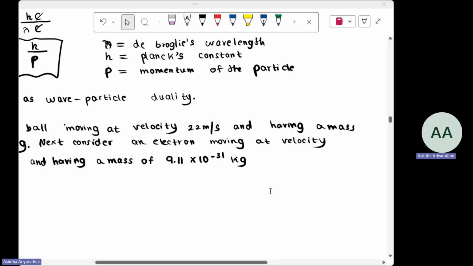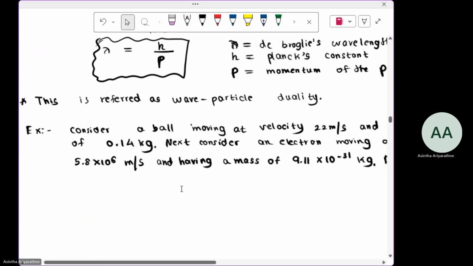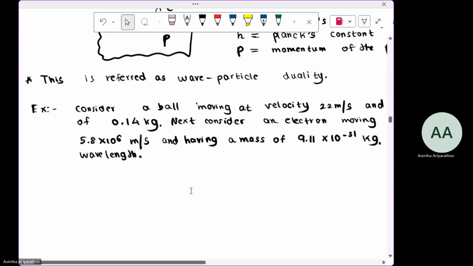Right. So the question is to find the de Broglie wavelength.